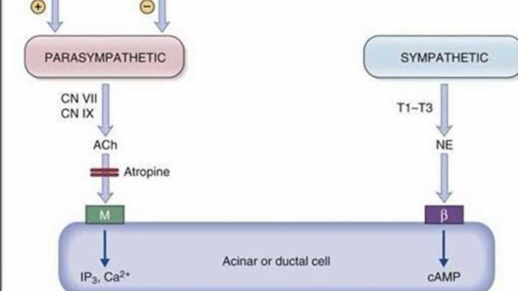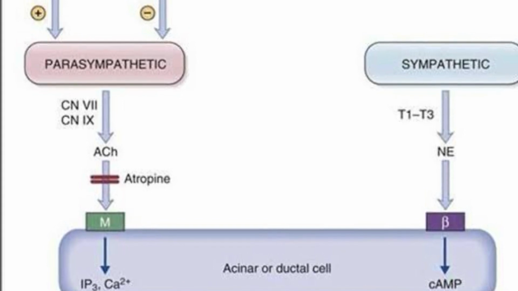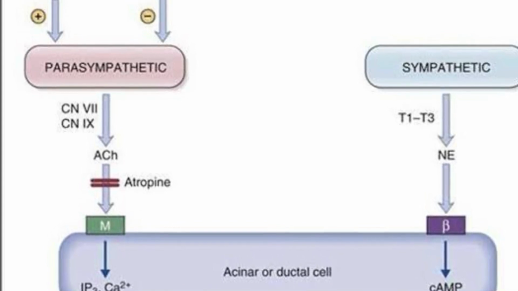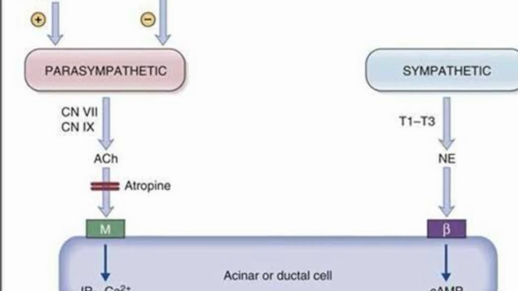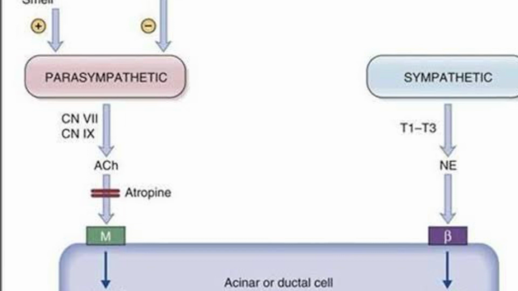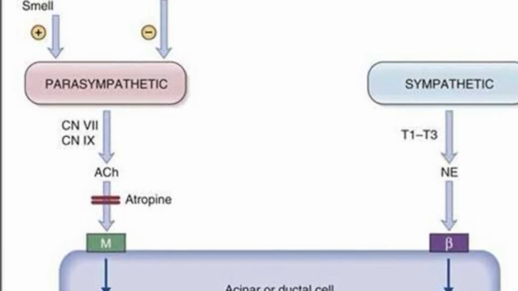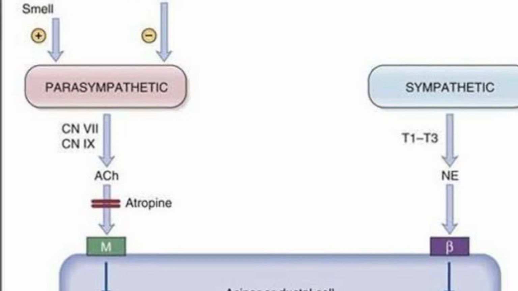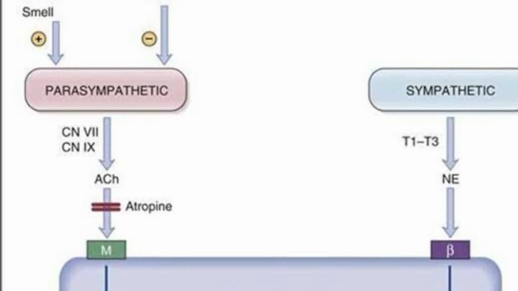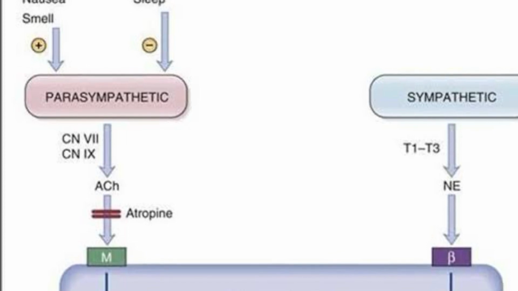Sympathetic control comes from the superior cervical ganglia through the plexus around the carotid system, leading to stimulation of the salivary flow. And acetylcholine, which binds on the receptor, ultimately leads to activation or production of the salivary secretion.